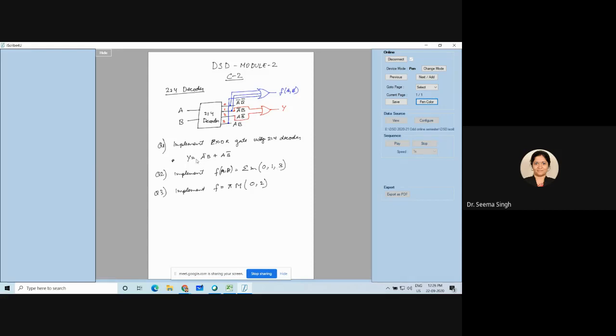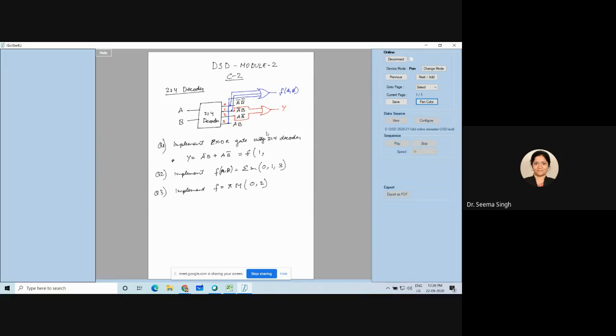Same way, when you had done the XOR gate, whenever the combination A bar B and A B bar comes, the output will be high. The same happens here. And this f of AB can also be written in a function form. What is A bar B? A bar B is a 1.